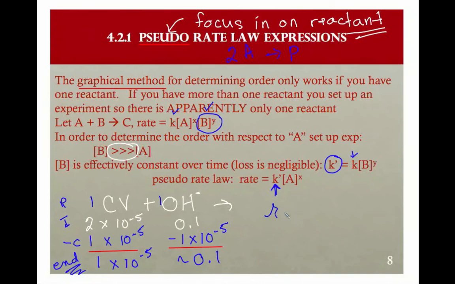So now that narrows it down in our case to rate equals k prime, a pseudo rate constant, if you will, times the concentration of our crystal violet to some order. And we'll need to do 3 graphs to determine what that order is, and that's what we're going to be doing next.